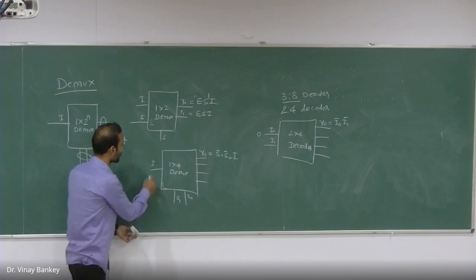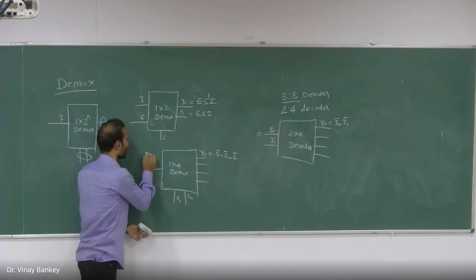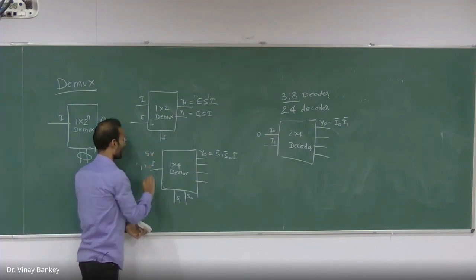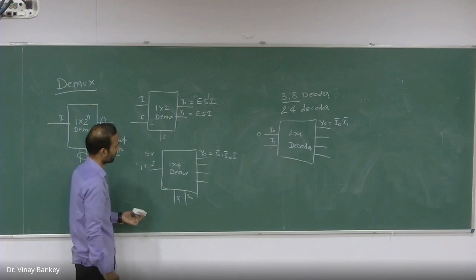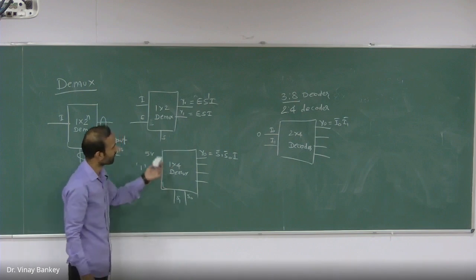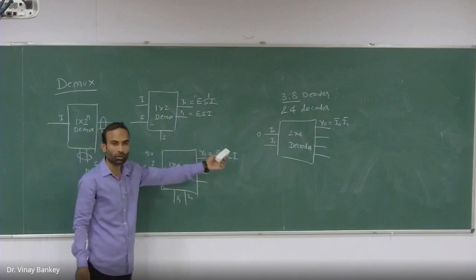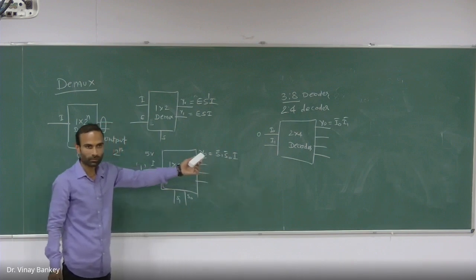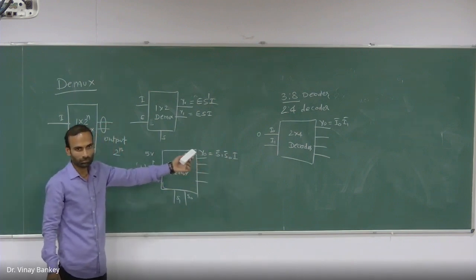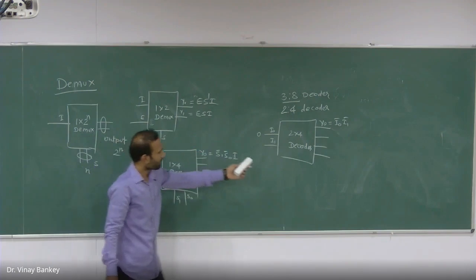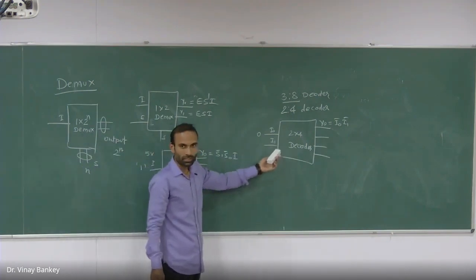So when I connect this I as 5 volt, or you can say logic 1, this demux IC will be operating as a decoder, isn't it? Here you saw the decoder. Is there any problem in this decoder?